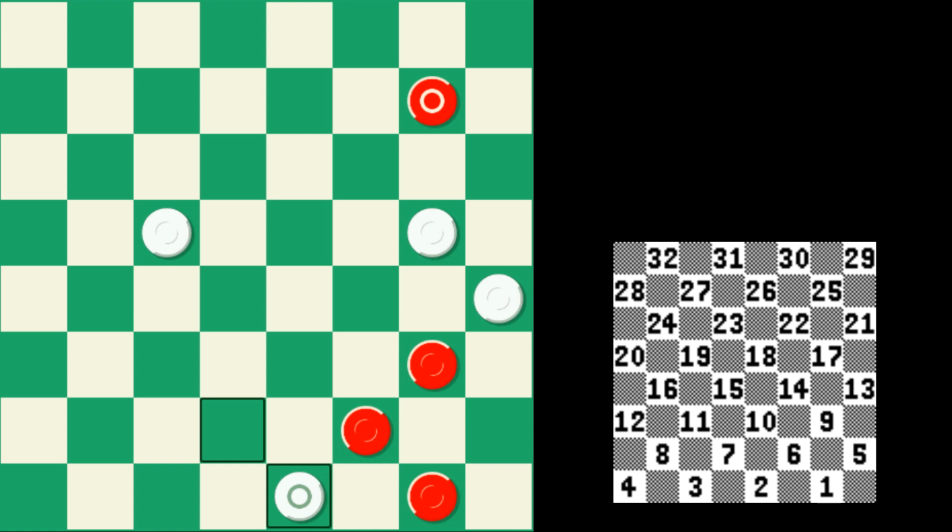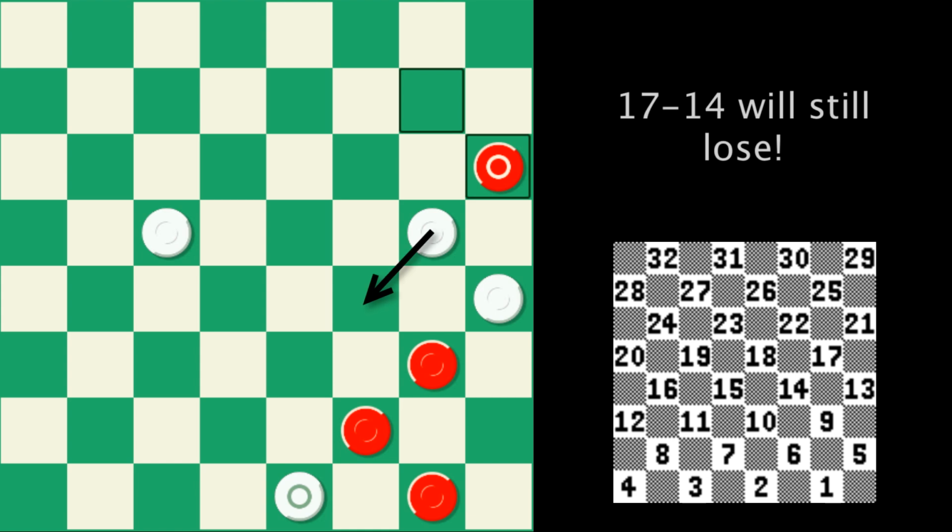Now here with Red's next move, it's going to look to immediately capture the piece on 17 by pressing it. And if White does go 17-14, it will allow the 1-for-1 exchange. However, the Red King will have both of White's pieces trapped in his double corner, which will ensure a loss.